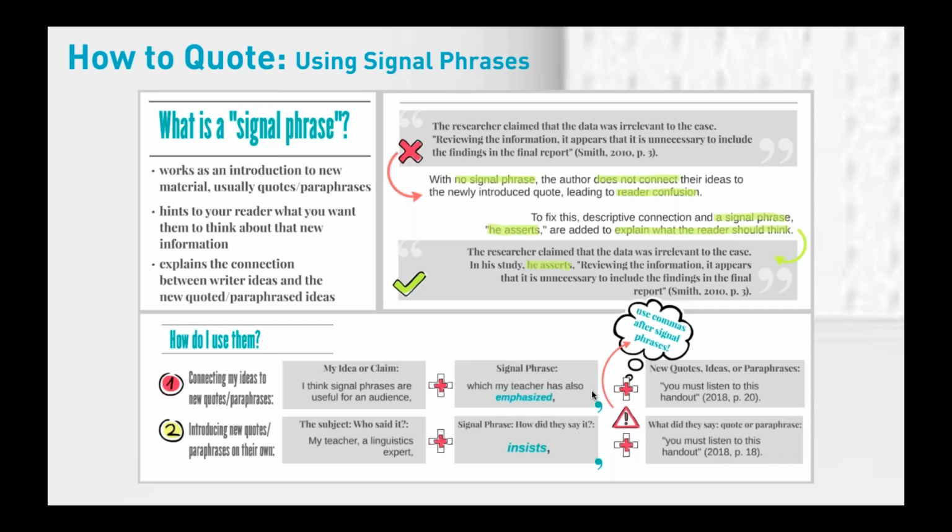So I think signal phrases are useful for an audience, which my teacher has also emphasized, and then provide a direct quote. Here I put my subject first, right? I can reverse that too if I want to focus on the teacher and make the teacher the subject by answering the question, who said it? My teacher, a linguistics expert, insists, and then add the quote after.